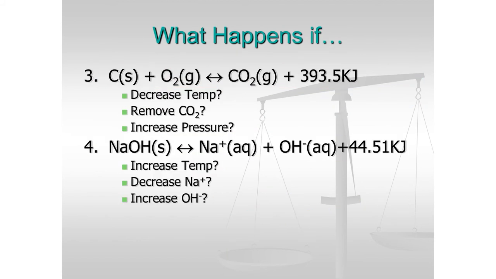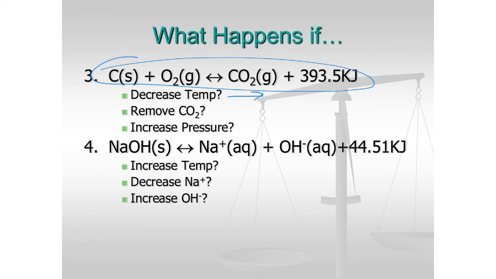All right, now we have some more examples. I want you to pause the video and try these out on your own, and then come back and we'll go over the answers. Okay, so we've got our equilibrium and we decrease the temperature, so that would drive the forward reaction. We don't have enough heat, so we'd have to make more, so we'd have to move towards the heat. Again, we're at equilibrium, we open up the container and take out some of the CO2.